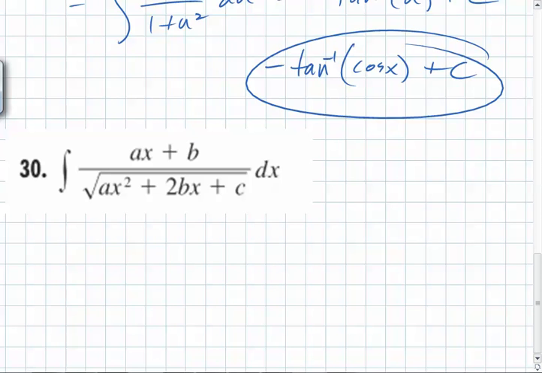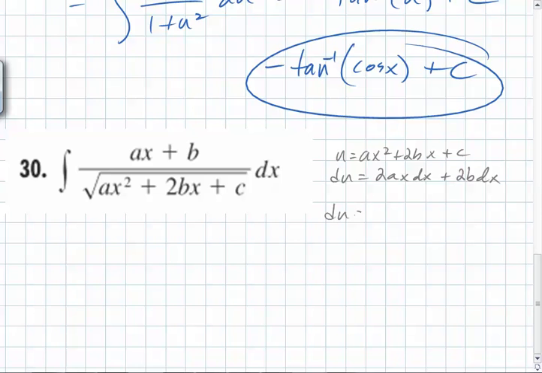So what did you think u should be? What do you think u should be? The radicand, right? ax squared plus 2bx plus c. Because you end up with du is equal to 2ax dx plus 2b dx.